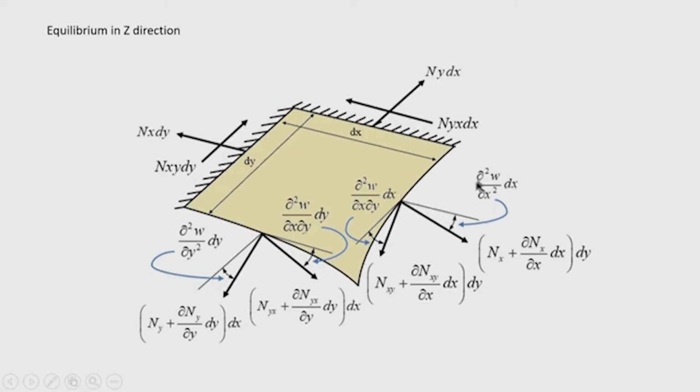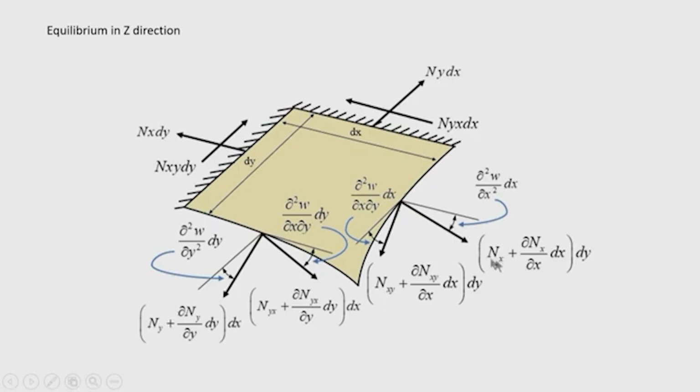Now, if I want to calculate the vertical component of the force, say this force P is n x plus del n x by del x into dx into dy, and this angle is theta. Naturally, we calculate the vertical component of this force, because we are considering equilibrium in the vertical direction, the z direction. So, the vertical component will be P sin theta.